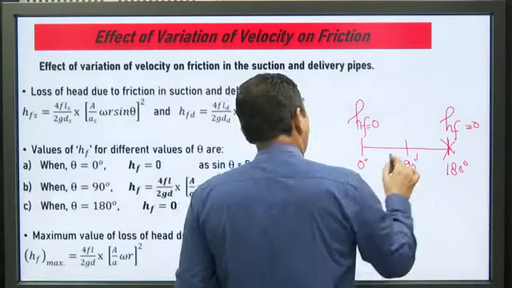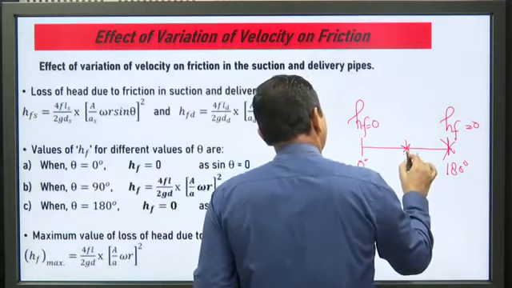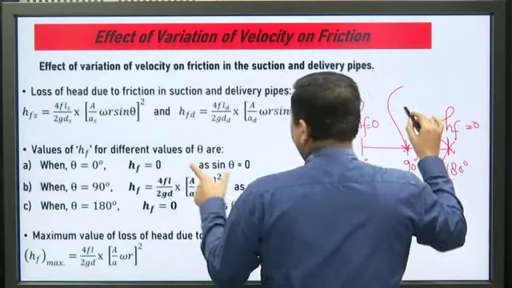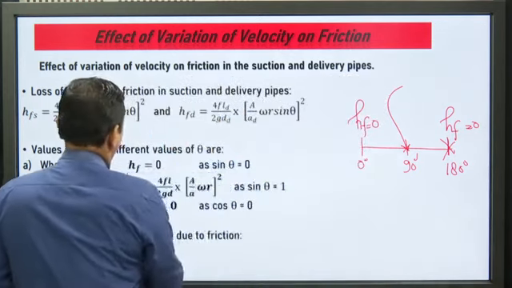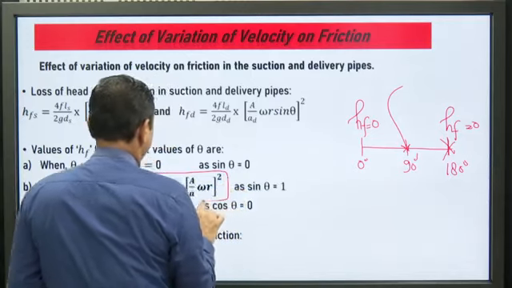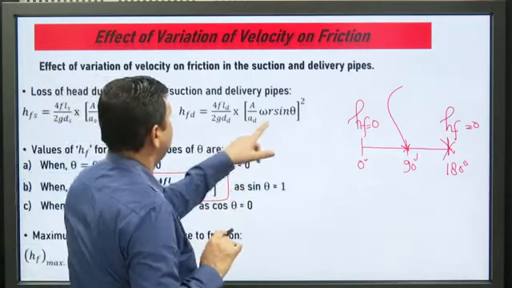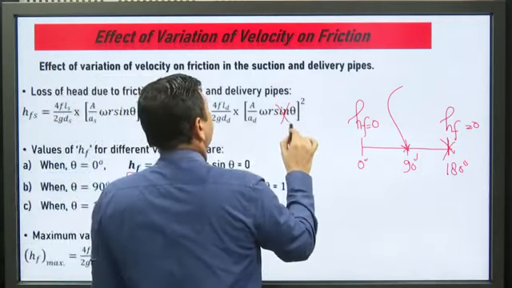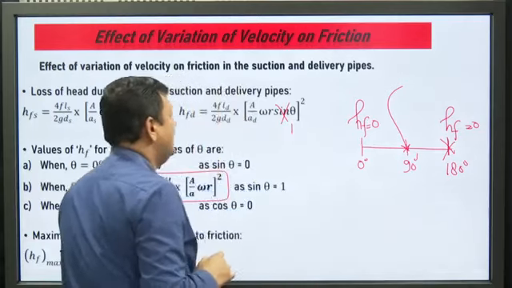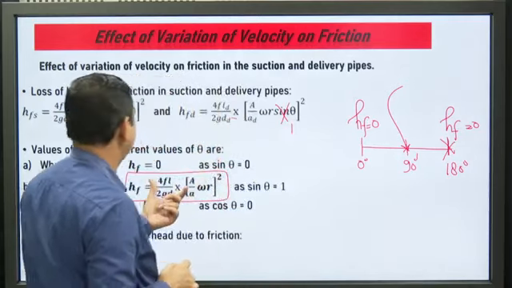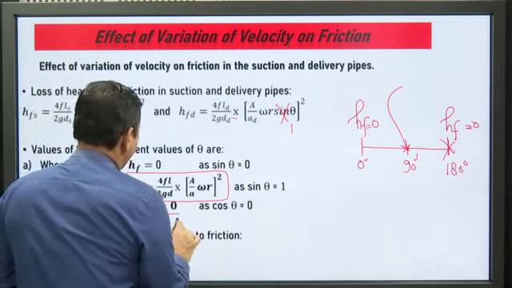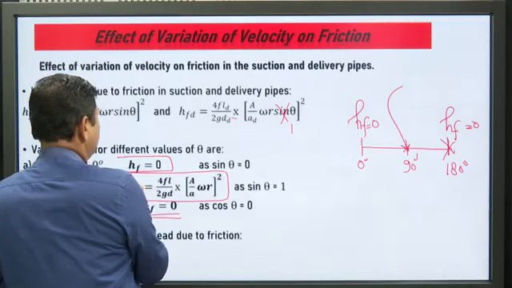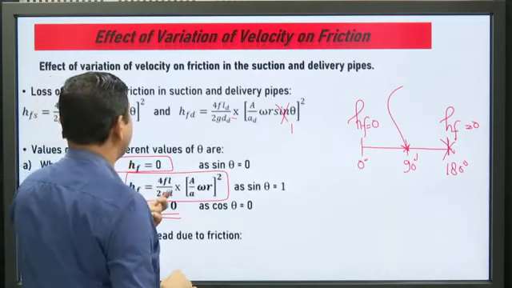So this effect at this point, what is this value? Putting sin 90 as 1, HF becomes equal to this equation. Okay. So this is at the end of stroke and beginning of stroke. So where is the maximum?